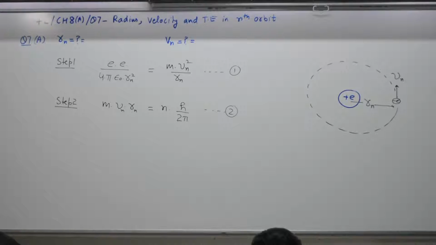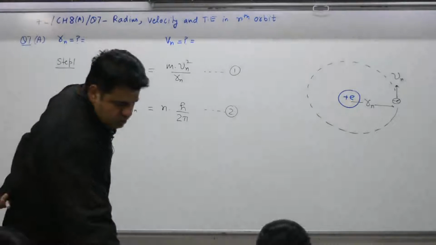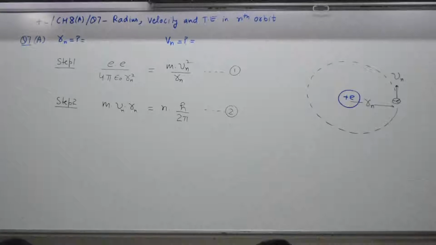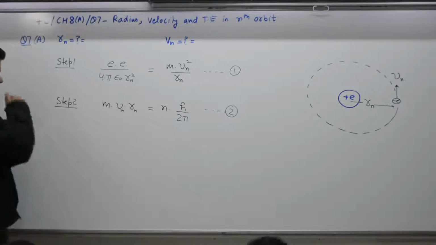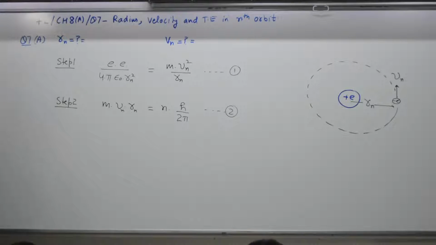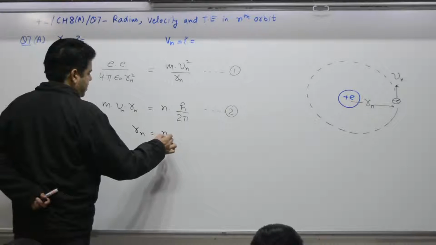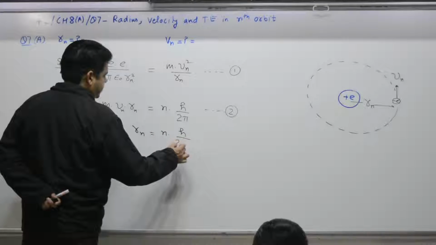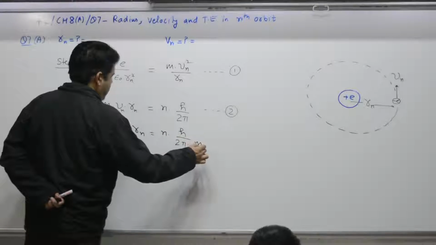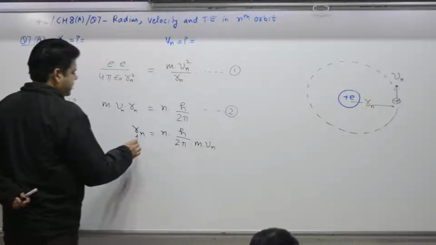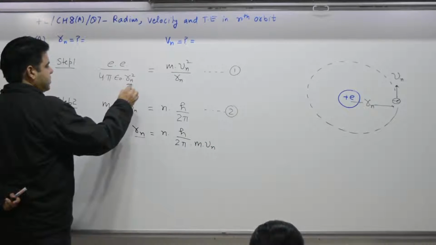Two minutes with you to write. You can take this value of Rn, h by 2 pi m Vn, and put it in the first equation.